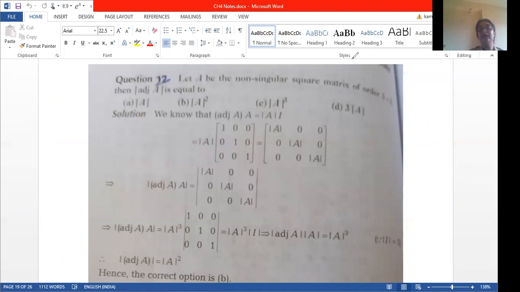Just see, A is a non-singular square matrix of order 3.